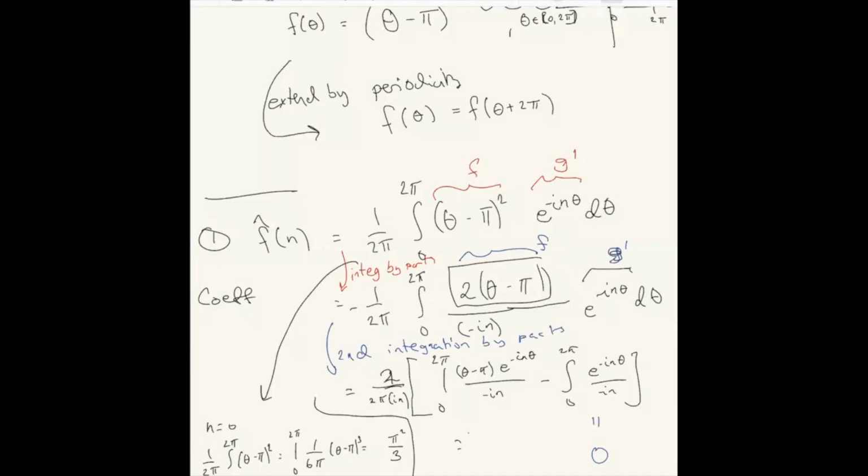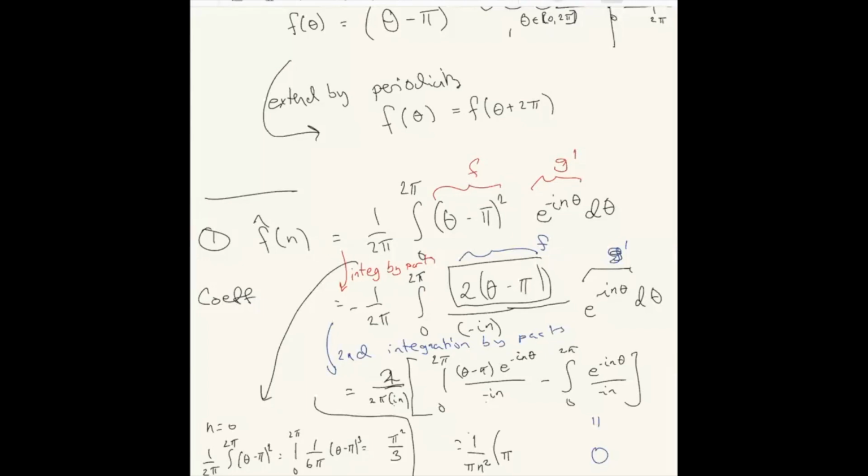So first of all, I want to factor out minus i times i, which is 1. So I have 2, and 2 over 2 is 1. So I'm left with 1 over pi n squared. And then I have a substitution from 0 to 2 pi. So let's see what I get from the numerator when I plug in 2 pi. And this is almost over.